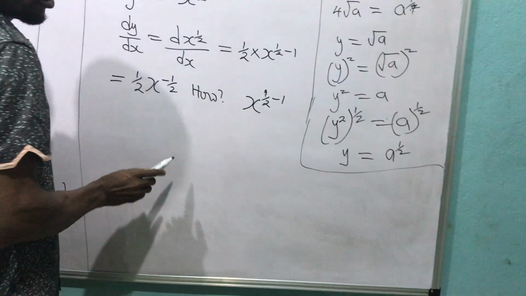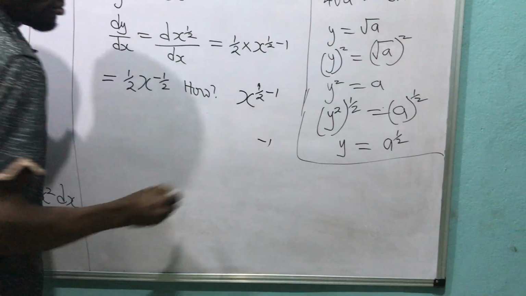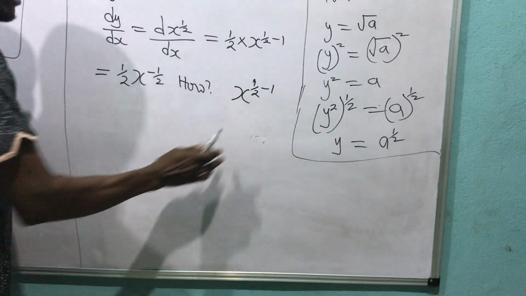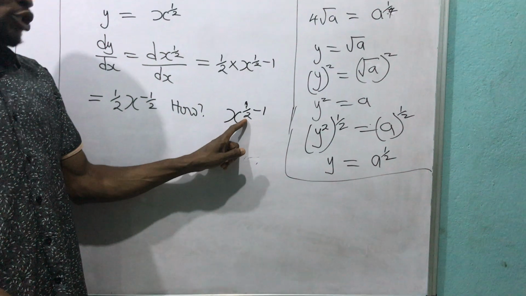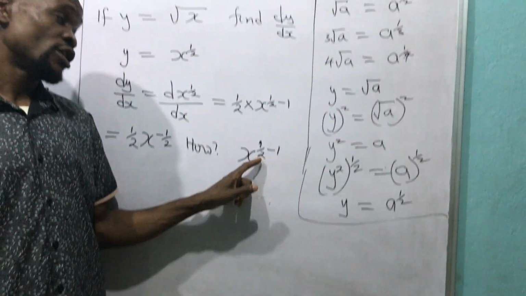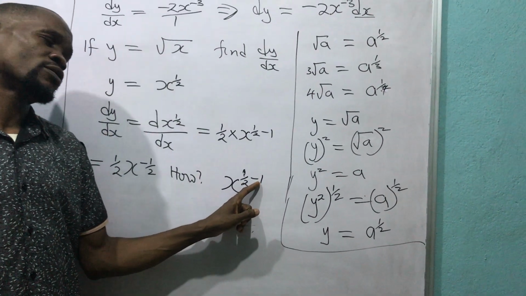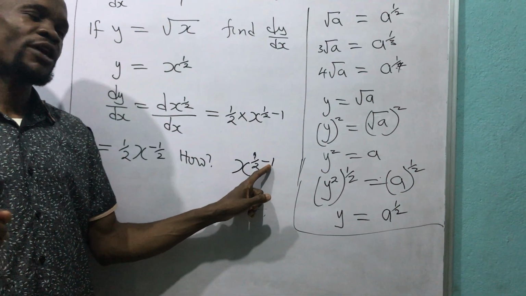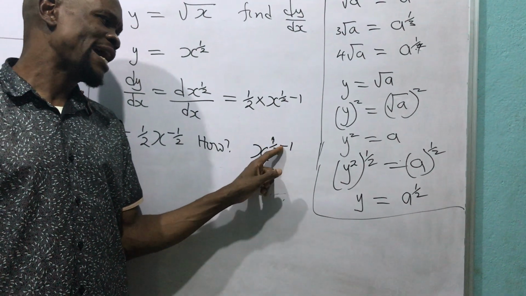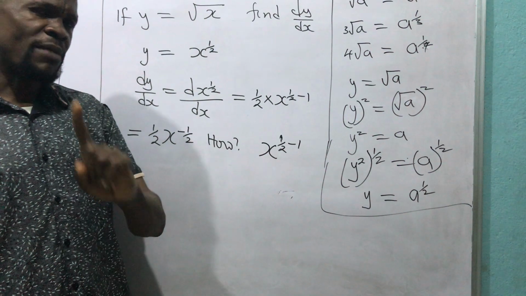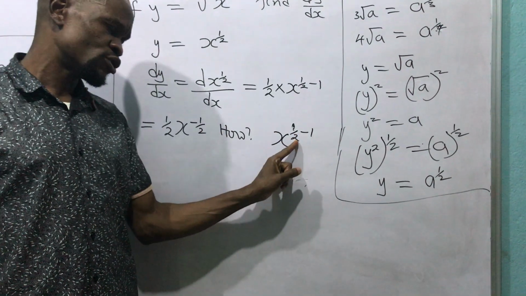Then 1 minus 2 will give me minus 1 over 2. I'm coming again, shortcut. I'm trying to give you a shortcut. This 2 times minus 1 will give me minus 1. Then 1 minus 2 will give me minus 1 over 2.